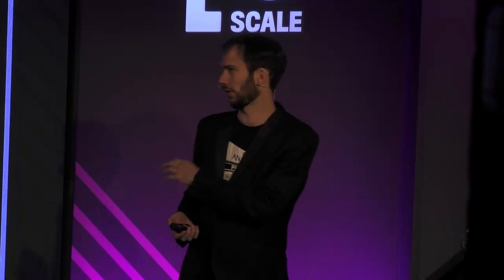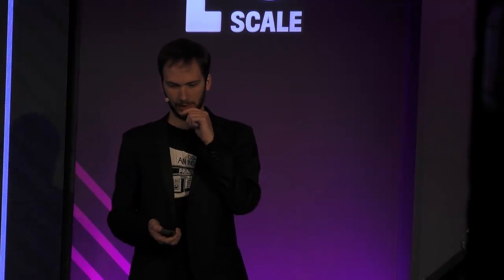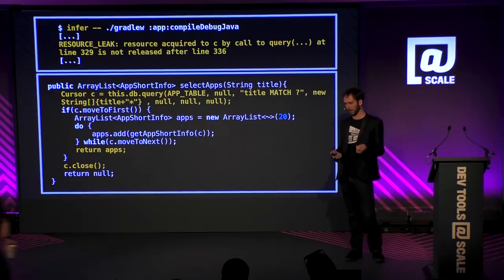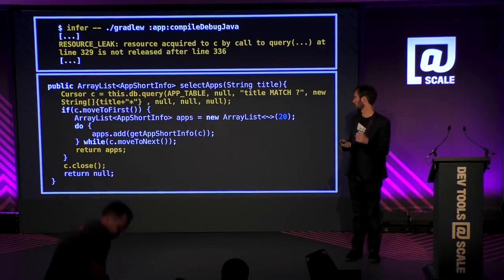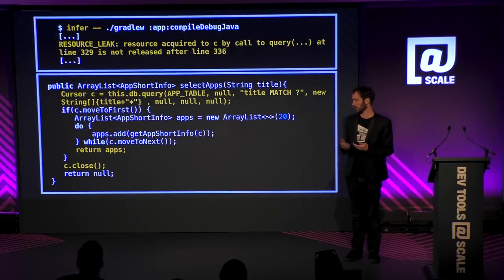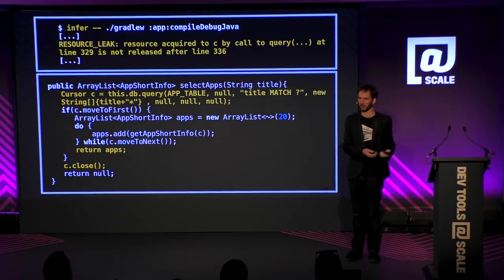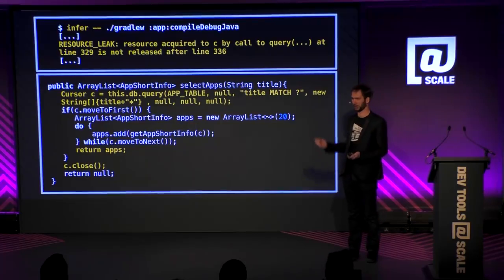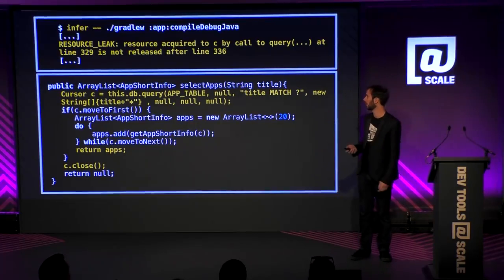So if we look at the source code surrounding this, and here we only need to look at the yellow lines, we see that there is a cursor allocated by a database query, and then there's an if condition. And if we don't go into the if, then we close the cursor and we return. But if we do get into the if, then nothing in here will close the cursor, and that's what Infer flagged here.